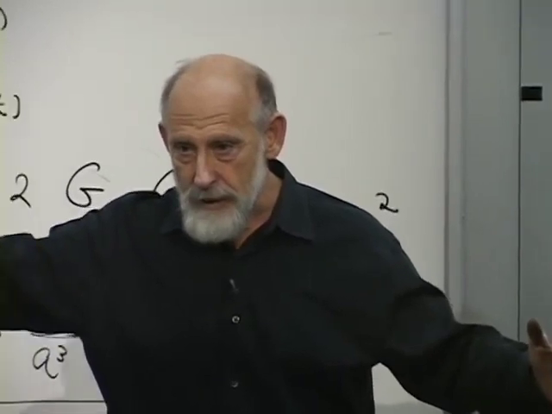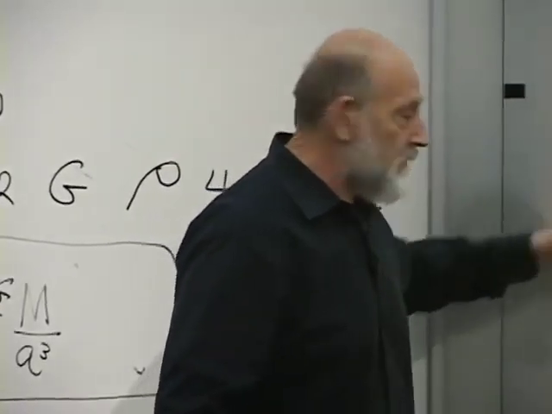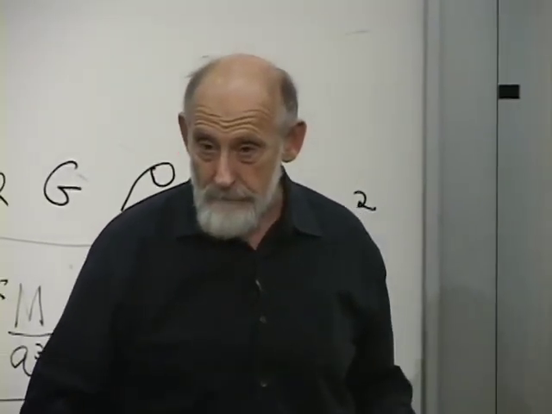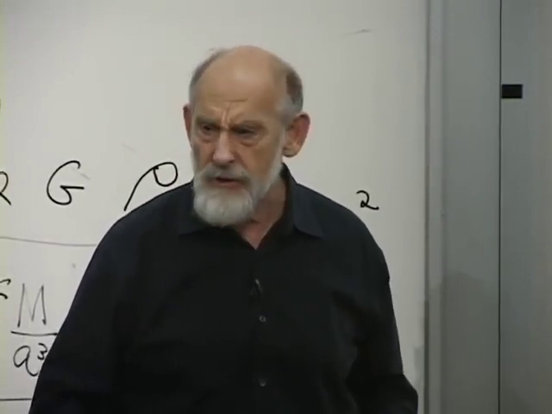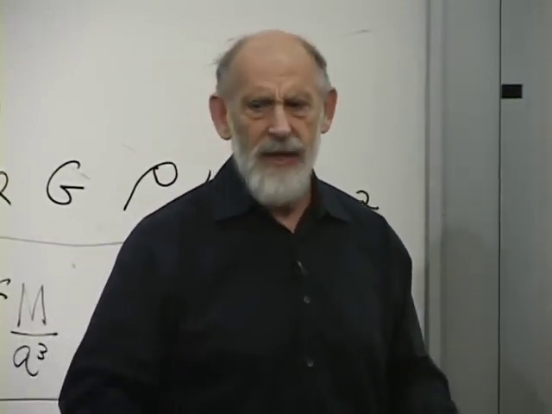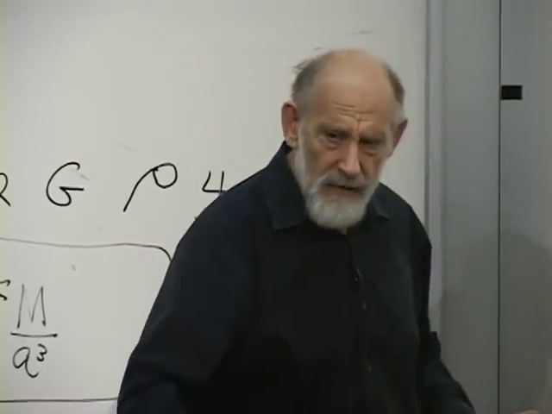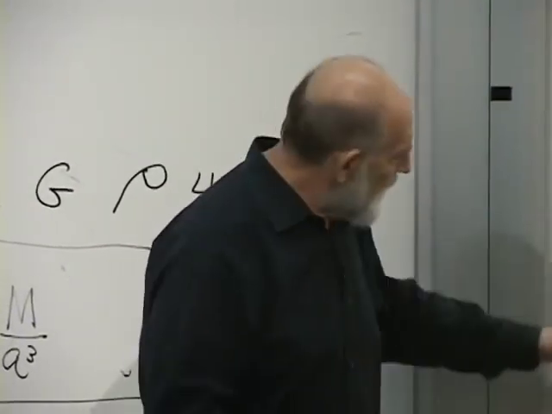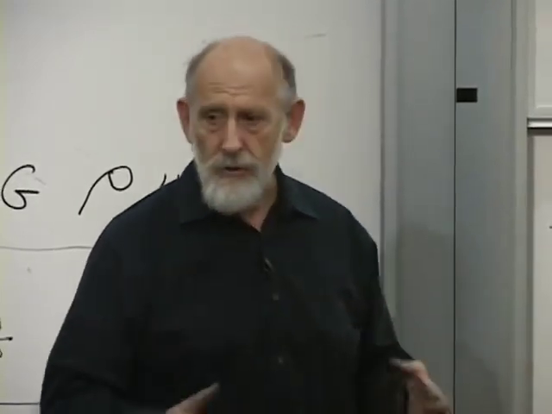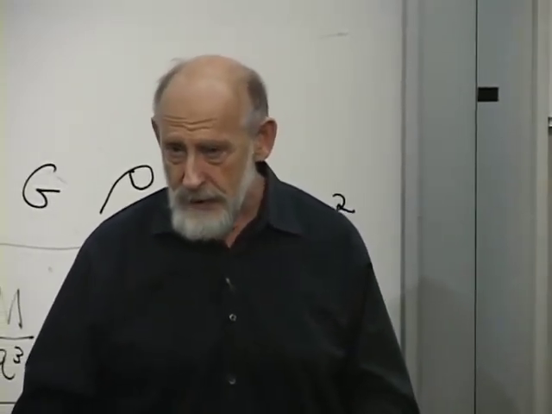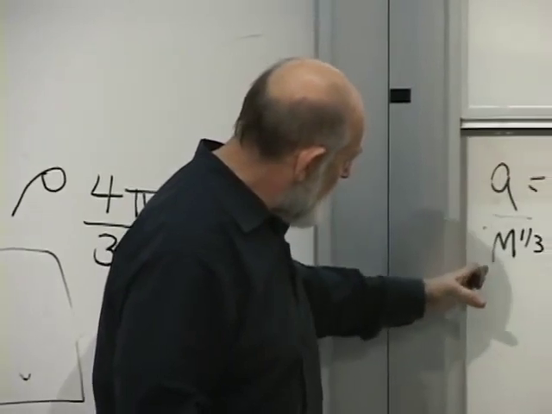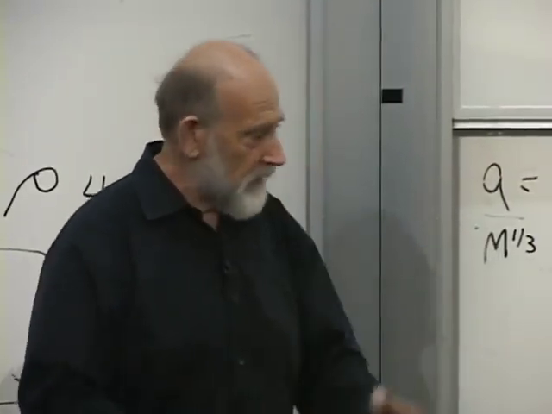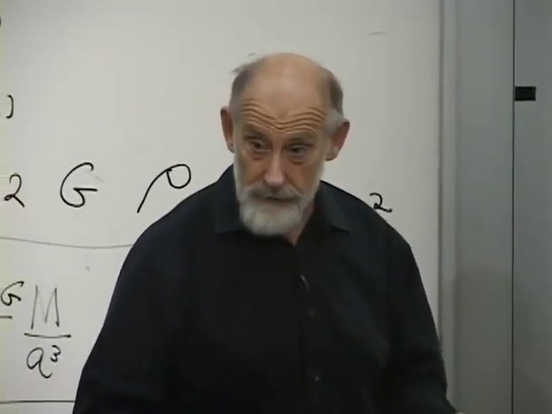Double the size of the grid, A doubles. The mass goes up by a factor of 8, but the mass to the 1/3 goes up by a factor of 2. So this is the quantity which is independent of the choice of grid. Does that answer your question?